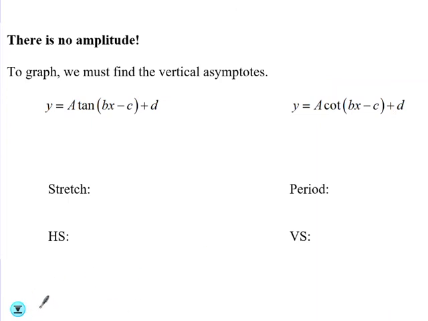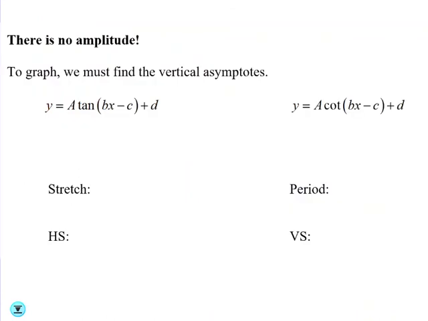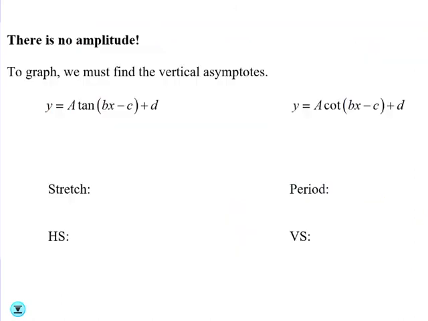The first thing you should do when trying to graph tangent or cotangent is find out where the asymptotes are. In the original function for tangent, our asymptotes were at pi over 2, 3 pi over 2, 5 pi over 2. But for the first period, our asymptotes are at negative pi over 2 and positive pi over 2.